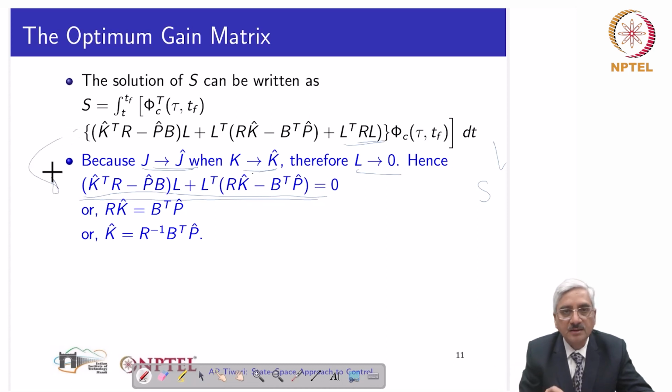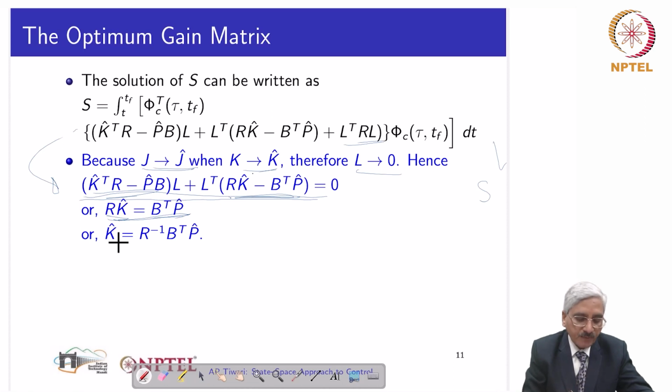This will be given by this, and which will mean, because this and this are same transpose of each other, so which will mean that RK is B transpose P hat, and from that we get K hat equal to R inverse B transpose P hat, and this is the solution of control gain in U equal to minus Kx.